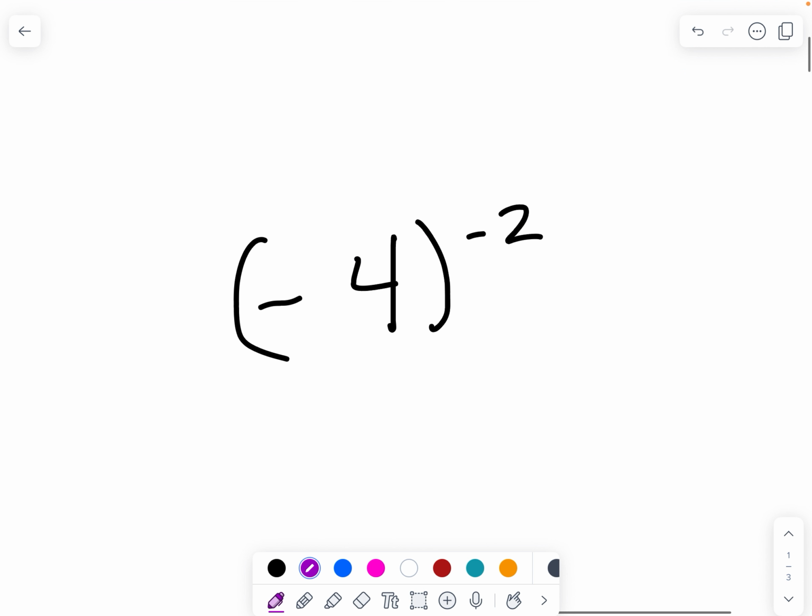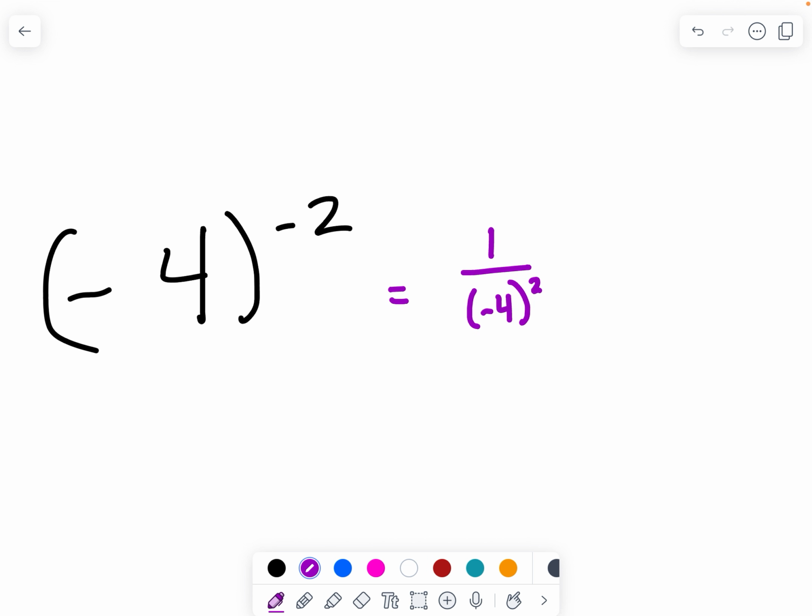Okay. This one, tricky. This one, they do put the parentheses around. So we are going to do 1 over -4 squared.